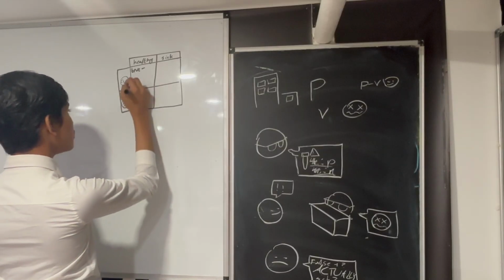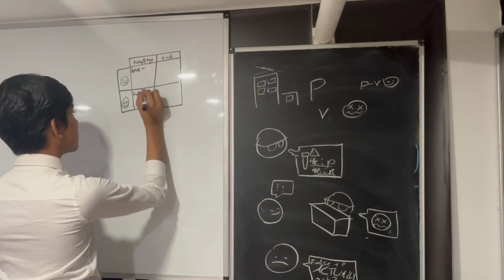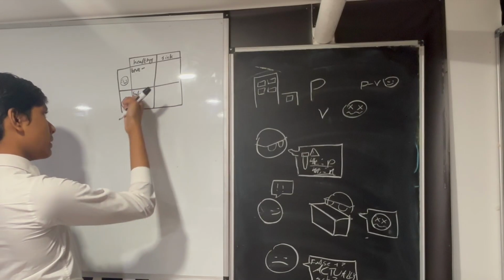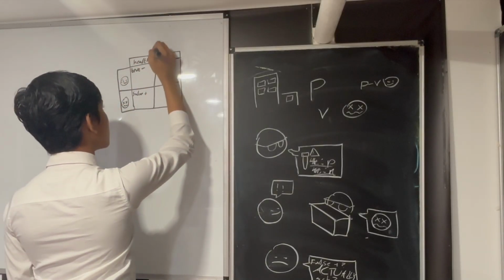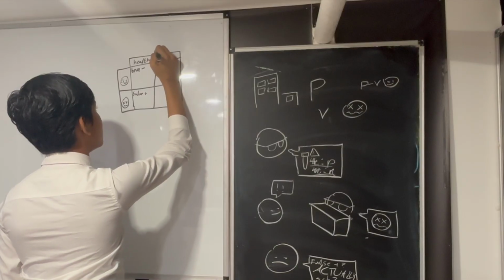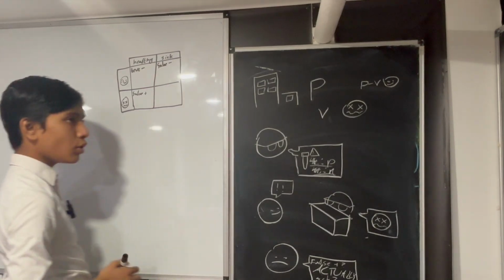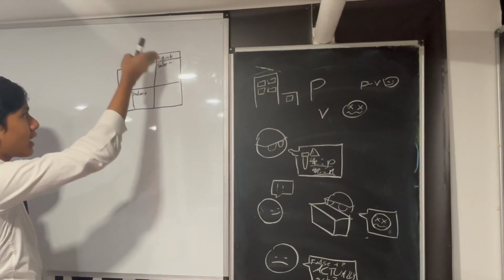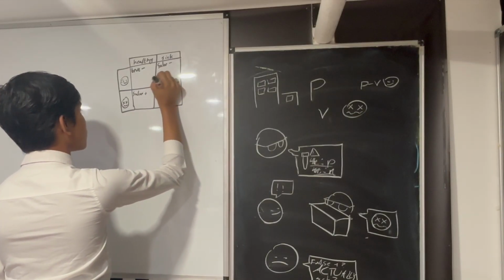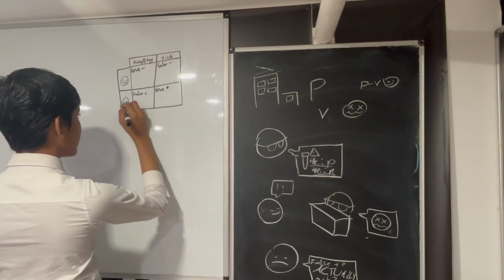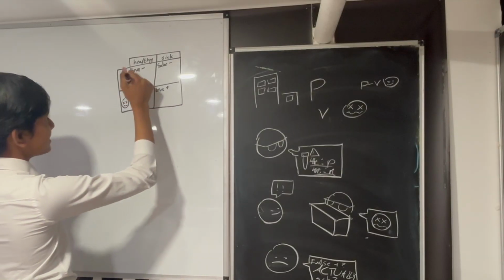This is going to be the false positive square. Notice it's not the false negative square. For people who were told they were sick when they were actually healthy, this is going to be the false negative square for people who were told they were healthy even though they were actually sick. And this is going to be the true positive square for people who are sick and for whom the test came back correct or positive.